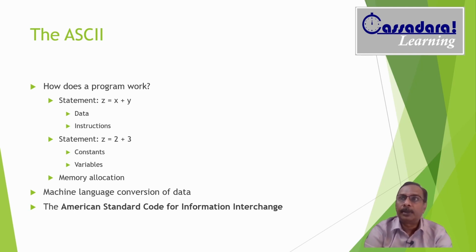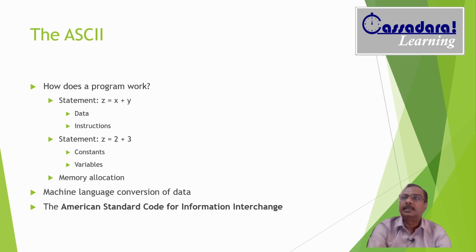Now the second part is the data. How does data get converted into ones and zeros? So the data can be, like I said, a number, a character, like A, B, C, D, or a statement like your name, a name constant, whatever, right?